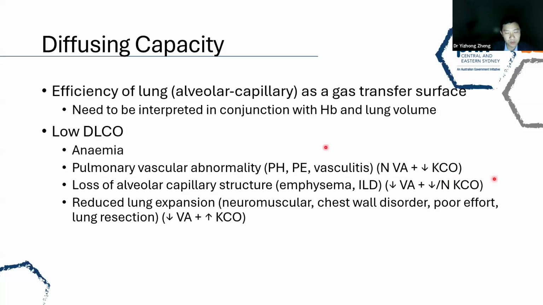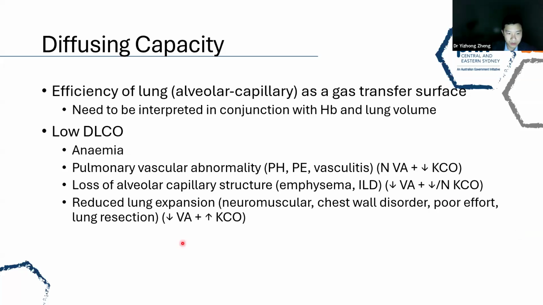So in this case, you have a normal single breath lung volume but reduced transfer coefficient or KCO, or they have loss of alveolar and capillary structure, such as emphysema or ILD, so reduced single breath volume and reduced or normal KCO, or reduced lung expansion, such as a neuromuscular disorder, chest wall disorder, previous lung resection or poor effort.